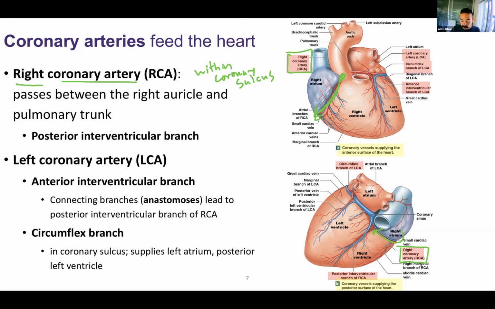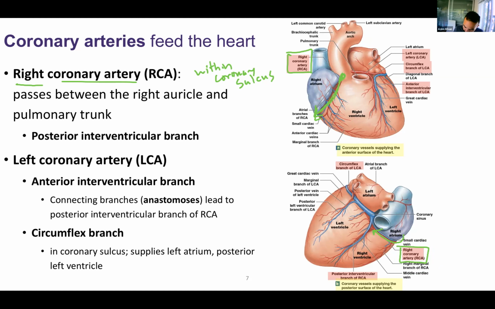So the right coronary artery is providing nutrients to the right ventricle and right atrium on the anterior side, and to the posterior side. To further feed the posterior side, look at the bottom picture, the posterior view.